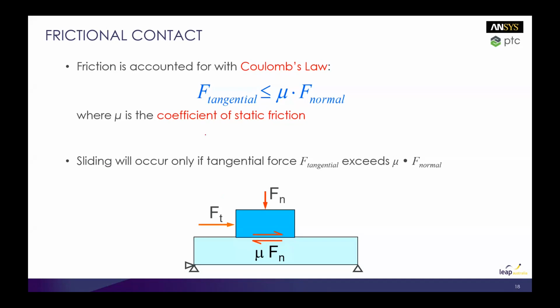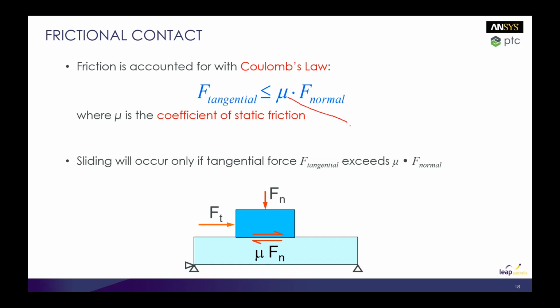Okay, so here this is the coefficient of static friction. By default, the kinetic friction, or the friction coefficient between the two moving bodies, is the same. For some materials, that's not the case. It is possible to model that in Ansys.